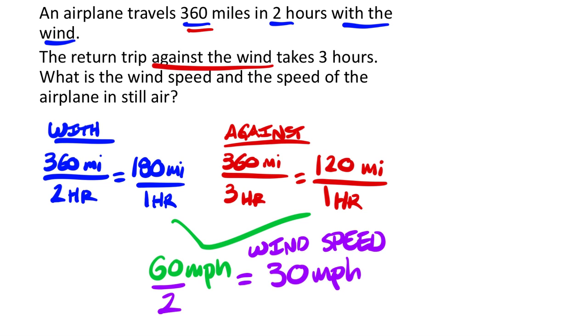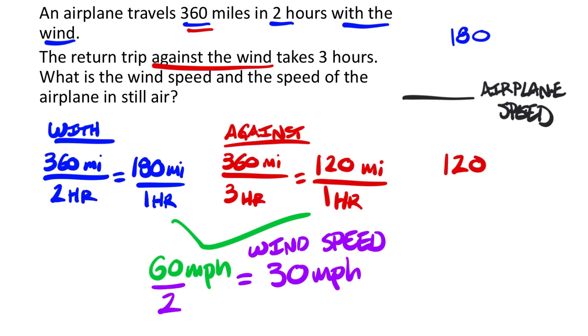So from these two, I'm going to create a little bit of a diagram here. You got 180 and 120. Again, right in the middle is the airplane speed. We originally found out in green there that these two are 60 miles per hour apart.